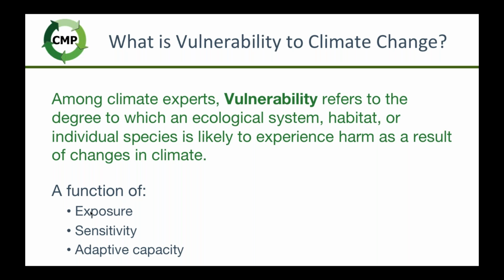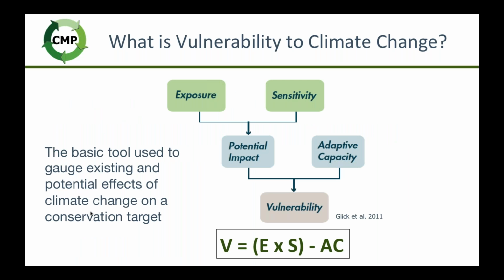So now in the next few slides, I want to introduce you a little bit to some climate adaptation language and concepts. Among climate experts, vulnerability refers to the degree to which an ecological system, habitat, or individual species is likely to experience harm as a result of changes in climate. So it's a function of exposure, sensitivity, and adaptive capacity.